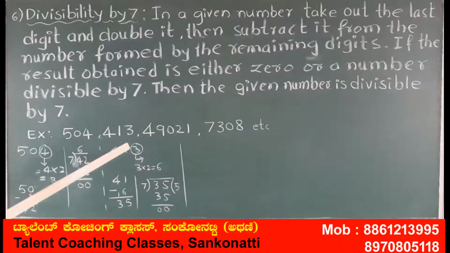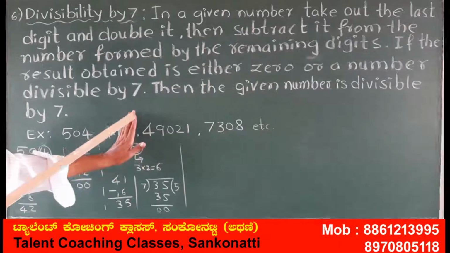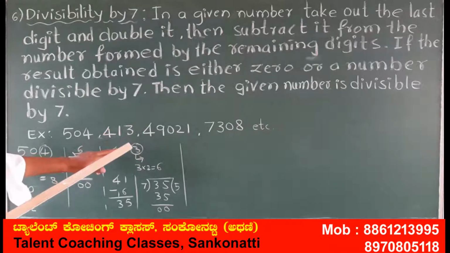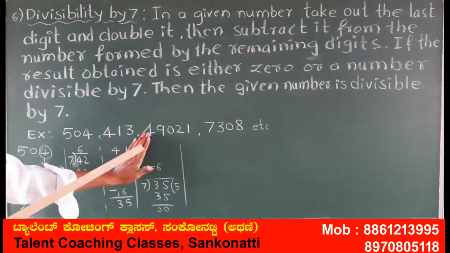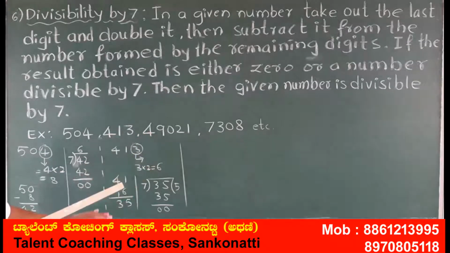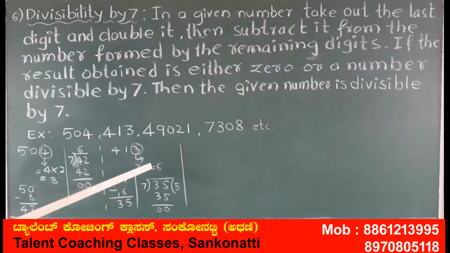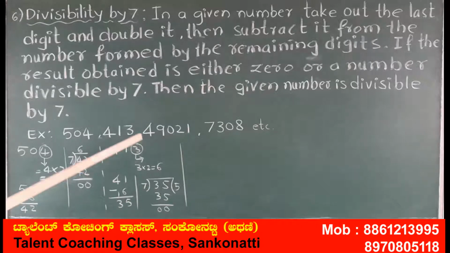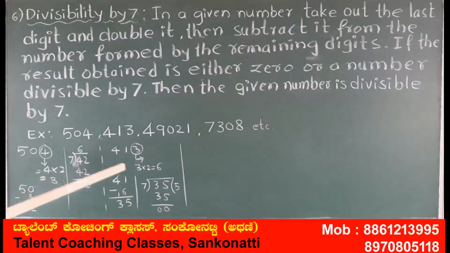After taking out this 3, the digits 4 and 1 remain, and the number formed by 4 and 1 is 41. We will subtract the doubled unit digit from 41. We get 35, and 35 is divisible by 7. So this 413 is also divisible by 7.